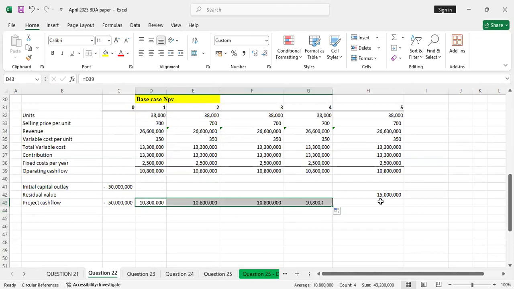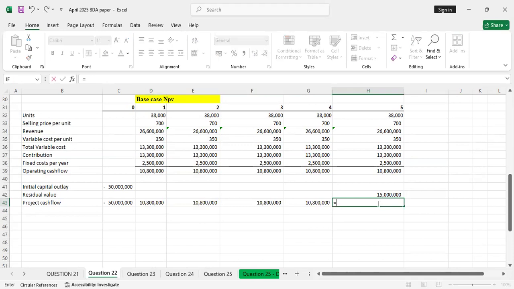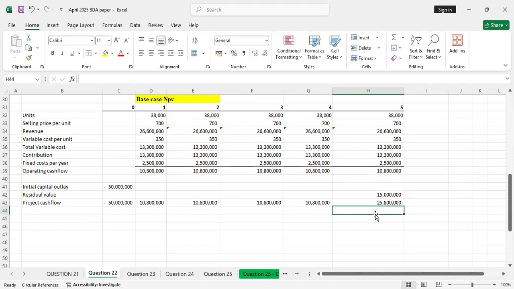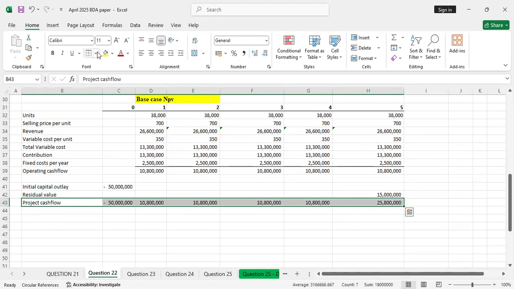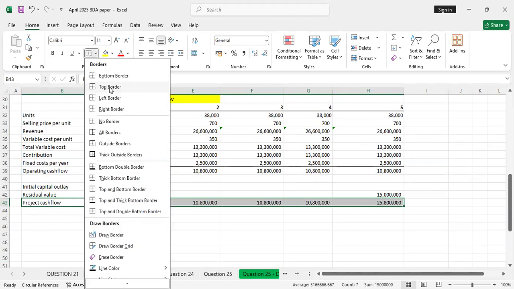For the last year of the project, we'll sum this plus the salvage value, also known as the terminal benefit or the residual value. They mean the same thing. So we'll have the project cash flow as this. So I'll create a top border there.